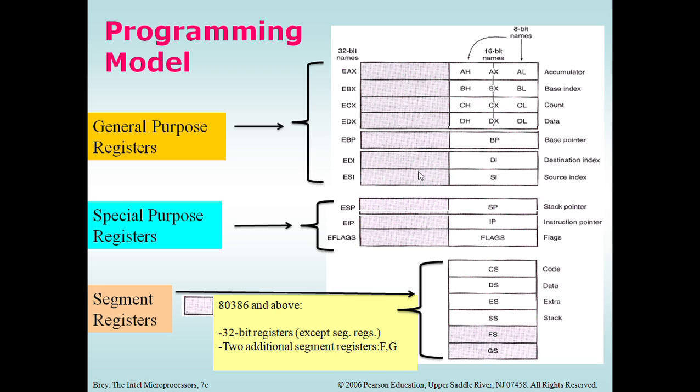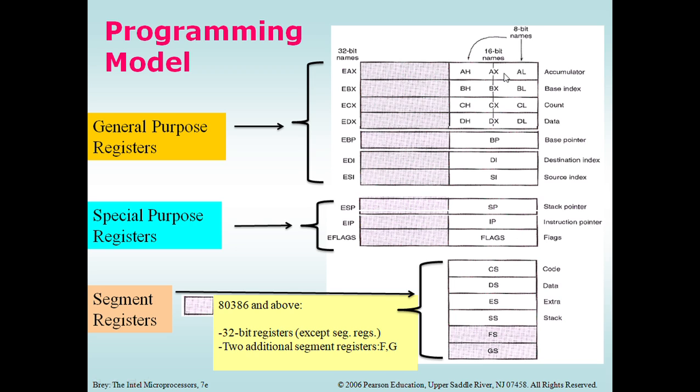The shaded areas here and this shaded area are available only in the 80386 and above microprocessors. The 32-bit registers, and except for the segment registers, 2 additional segment registers F and G, are available only with the 80386 and above microprocessors.